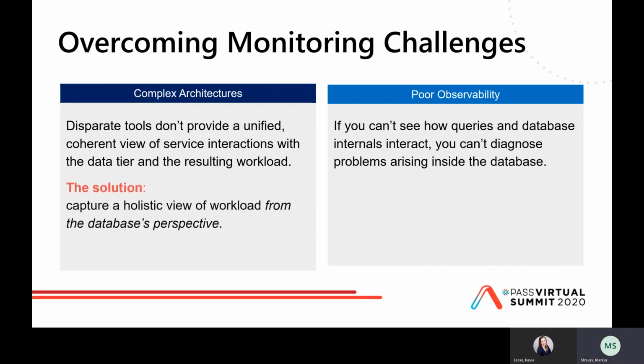So when we start looking at the complex architecture, the solution is quite simple, right? And I kind of talked around it for the last couple of slides, but essentially we've got to be able to have a holistic view of the environment, starting from the database perspective.